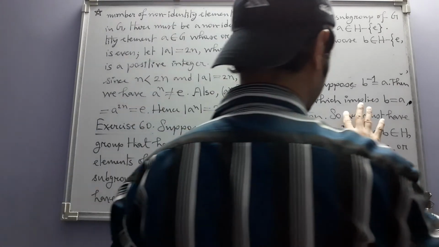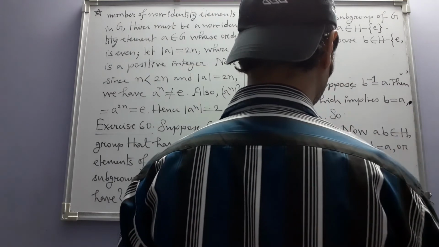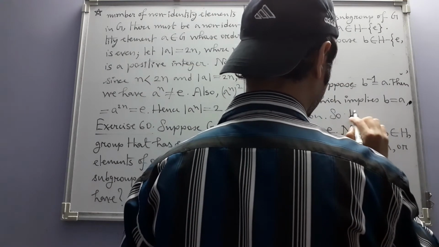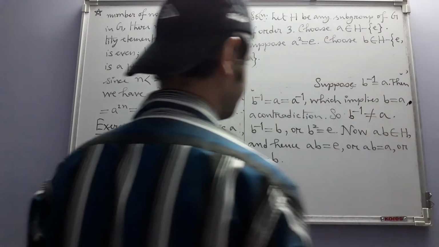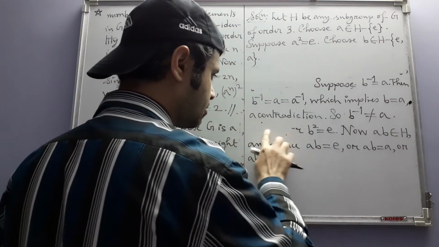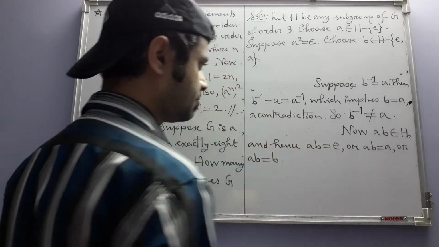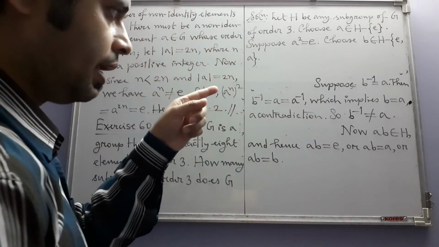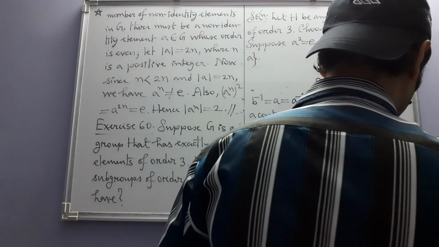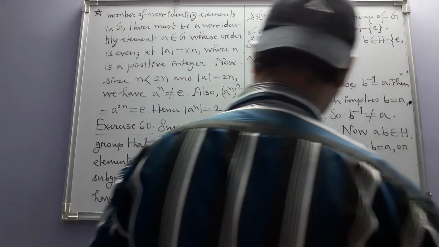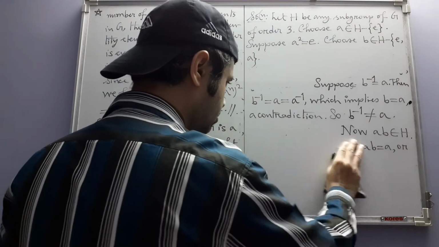Okay, so B inverse is not equal to A, then this is not needed. Now AB belongs to H. Okay, now I think it will look good.